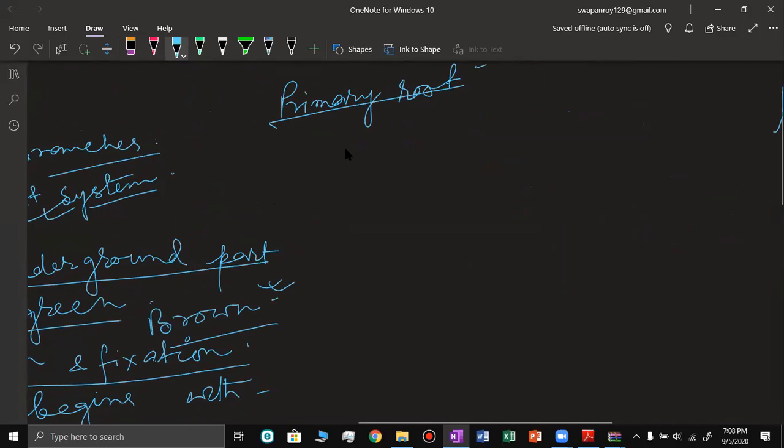This primary root may be permanent or it may be short-lived.